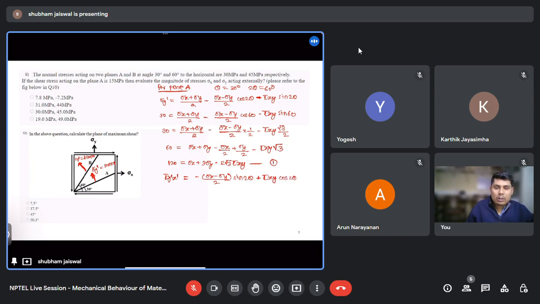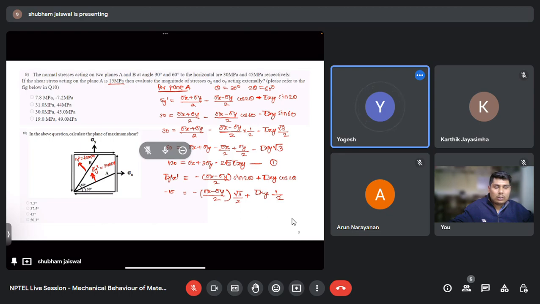Here, what values have been given? They have given tau y prime x prime as 15. So if I put minus 15, minus (sigma x minus sigma y) by 2, sin 2 theta is how much? Root 3 by 2, plus tau xy 1 by 2. Is it correct?